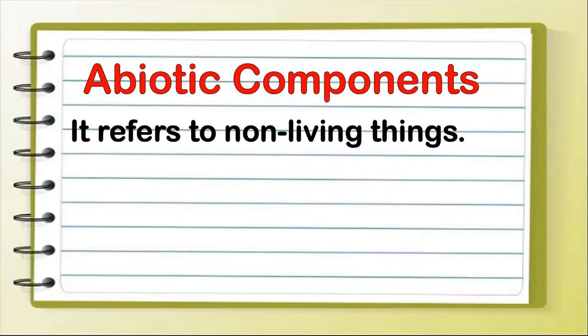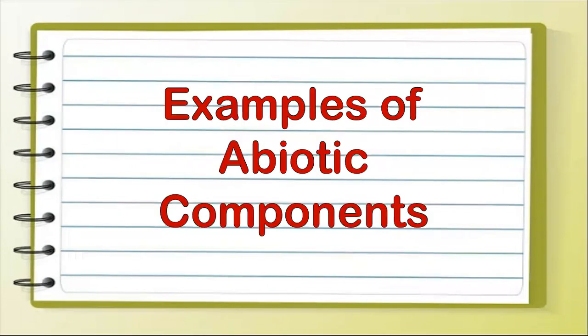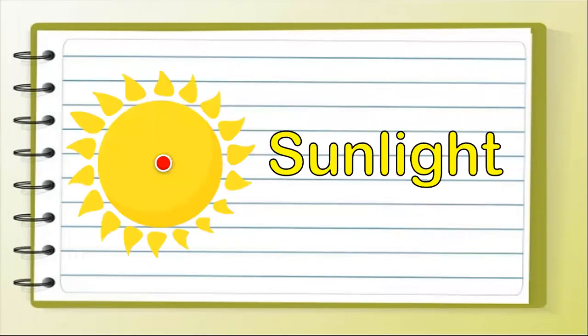Let's go to abiotic components. They refer to non-living things. Abiotic components refer to non-living things. Example, we have sunlight. Sunlight is abiotic since it is non-living thing.